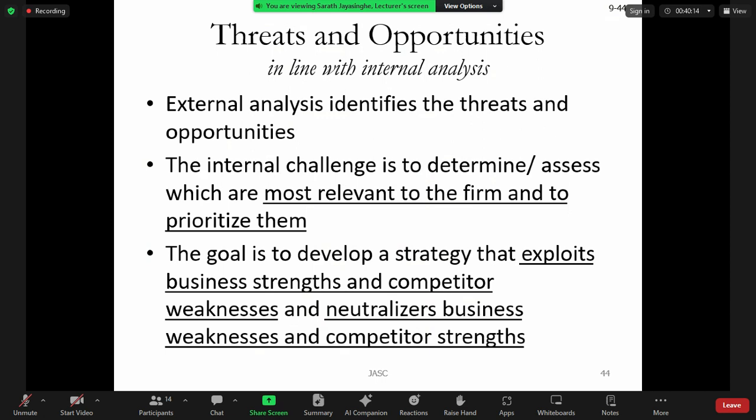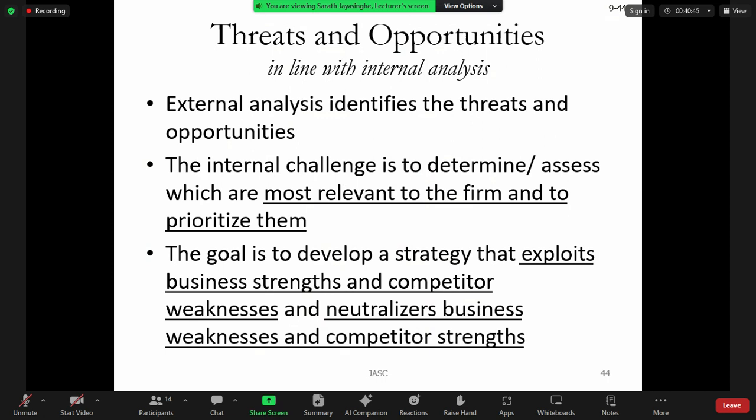The internal challenge is to determine and assess which are most relevant to the firm and to prioritize them. The goal is to develop a strategy that exploits business strengths and competitor weaknesses and neutralizes business weaknesses and competitor strengths. Right? So we are thinking about your strengths and trying to neutralize the competitor's threats and overcome them.